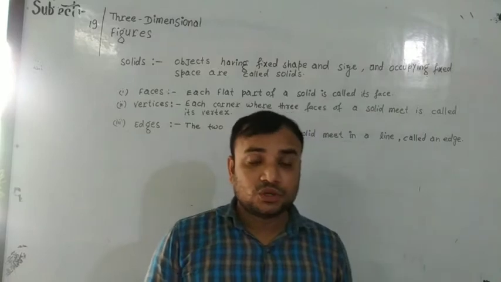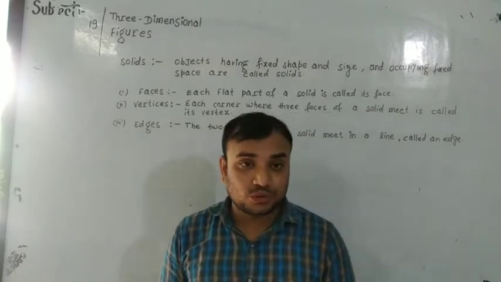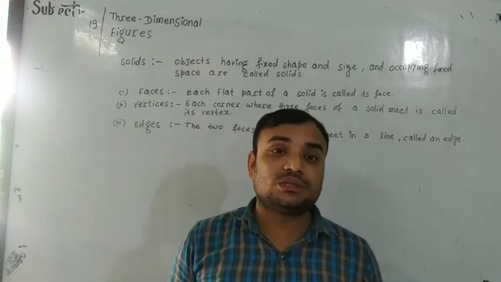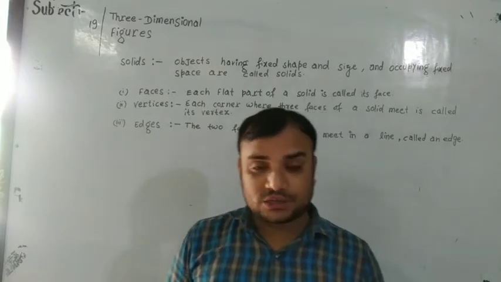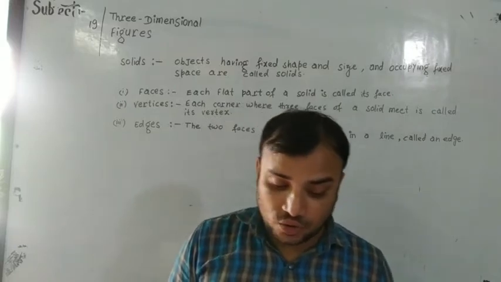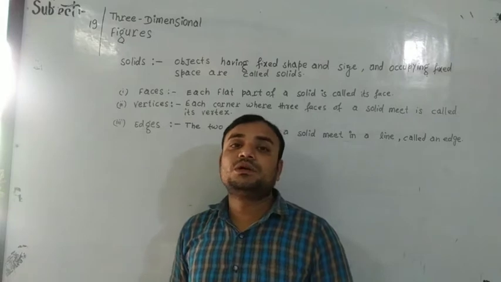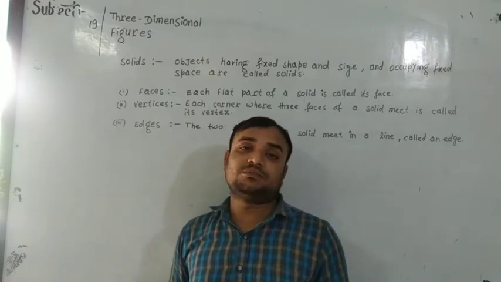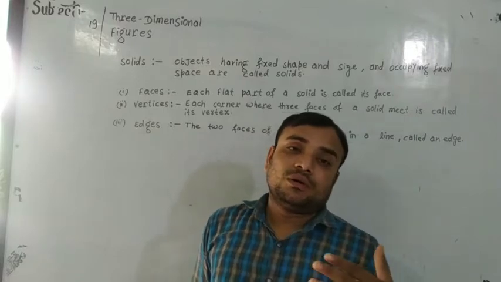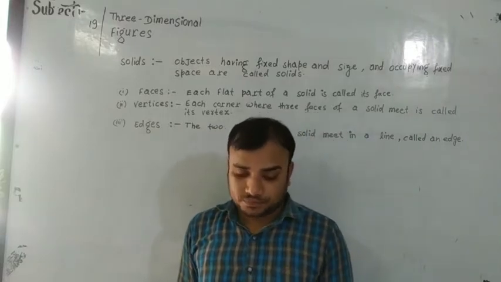Cube: in this lockdown you also play Ludo. The dice of Ludo is the shape of a cube. Cuboid, cylinder and cone are already solid or three-dimensional shapes. We already studied them in the previous class 7.